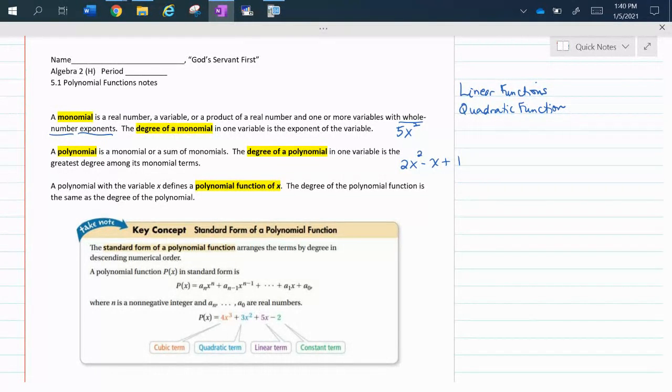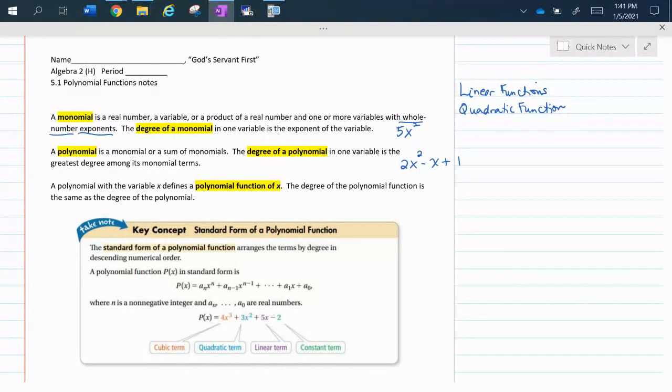The degree of a polynomial, notice all these words are highlighted. The degree of a polynomial in one variable is the greatest degree among its monomial terms. So in the example I gave you, 2x squared minus x plus 1, the degree will be 2 because 2 is the greatest degree among its monomials. The degree, remember, is whatever the exponent of the variable is.